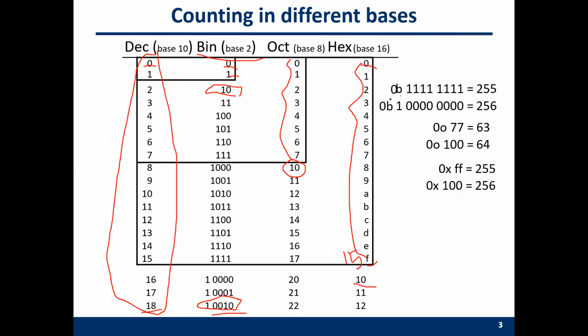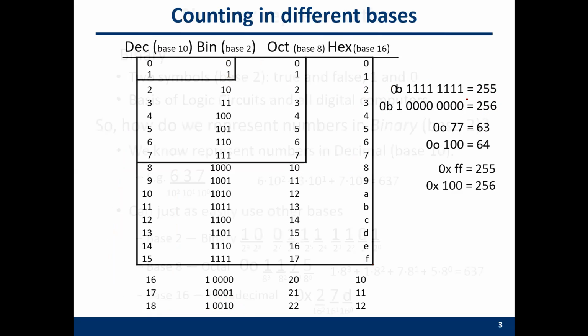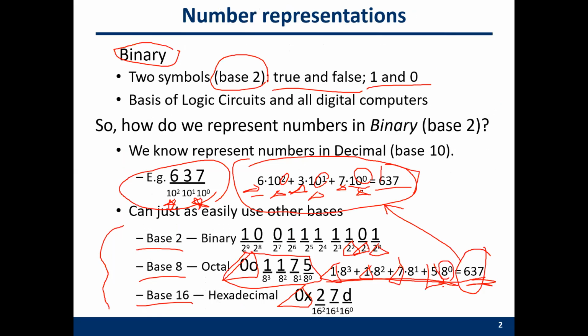When you see 0B, it indicates this is a binary number. Again, another binary number. How to convert this binary number to this decimal number? This is a decimal number. If you see nothing in front of this number, it's a decimal number. How can we convert this binary number to the decimal number? We can use the equation here.